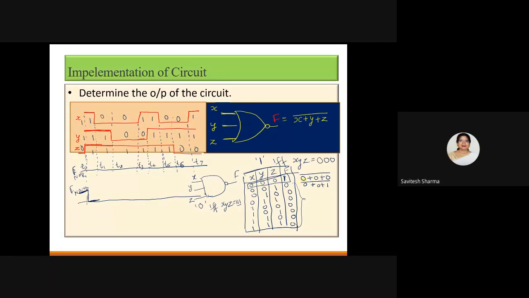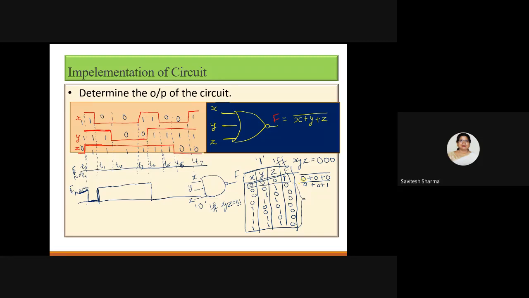The T1 combination is 0 1 1, which means the output will be 1. At T2 the combination is 0 0 1, so this 1 will continue up to T3. At T4 the combination is 1 1 1, all are 1, right? So at T4 it will be 0.